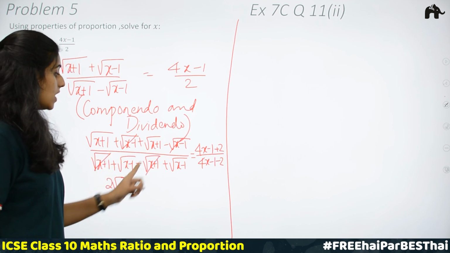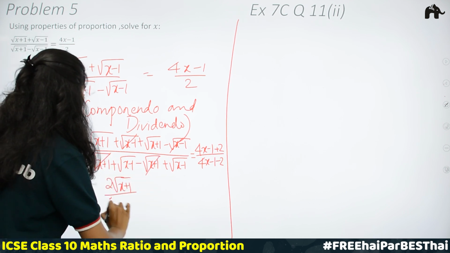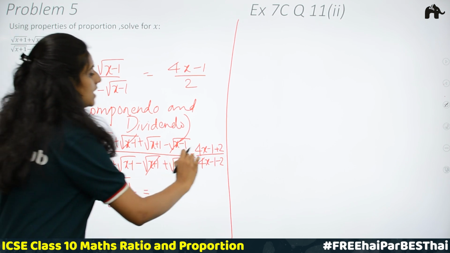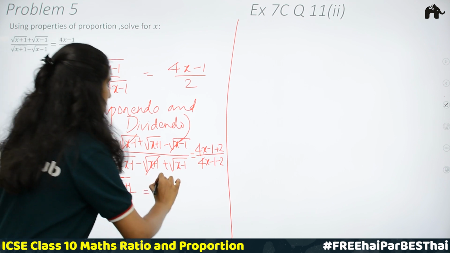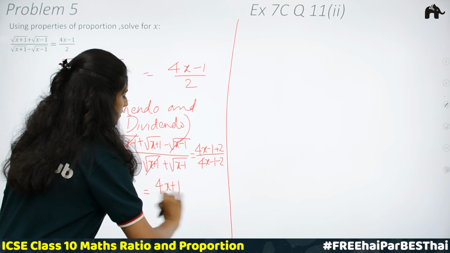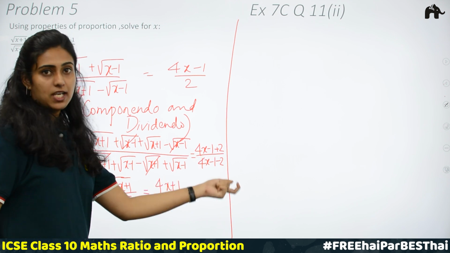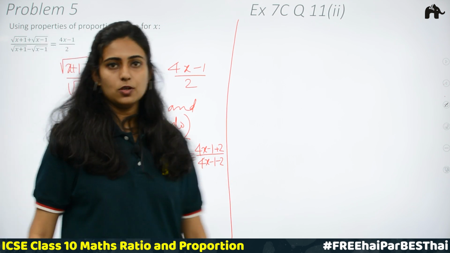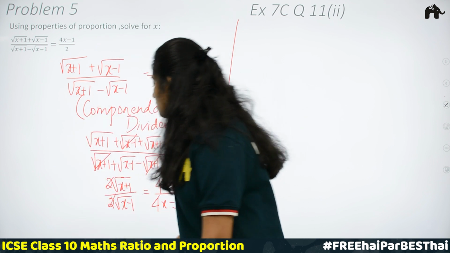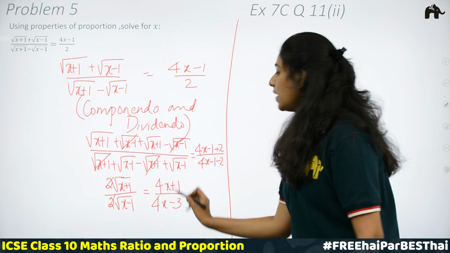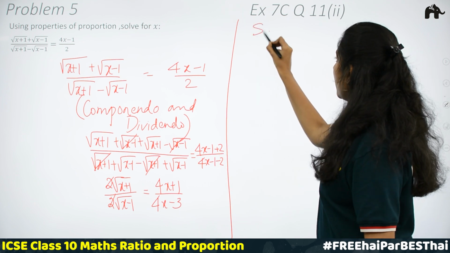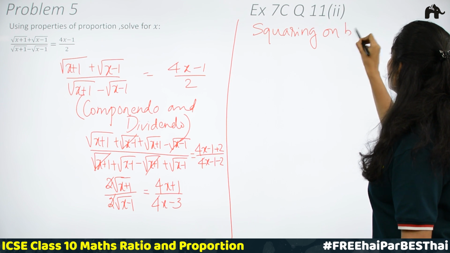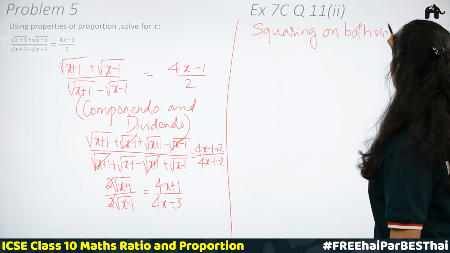Root of x minus 1 plus root of x minus 1 is 2 root of x minus 1, that is equal to 4x minus 1 plus 2, 4x plus 1, divided by 4x minus 1 minus 2, that is 4x minus 3. Okay, this 2 and 2 can be cancelled. Now squaring on both sides.